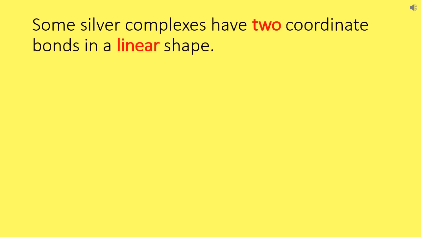The last coordination number that we need to know the shape of is coordination number 2. Some silver complexes that have 2 coordinate bonds have a linear shape. When silver is dissolved in ammonia, you get this complex here with the silver ion, a 1+ ion, in the middle, and you have ammonia where the nitrogen has a lone pair, and that forms a coordinate bond with the silver ion.